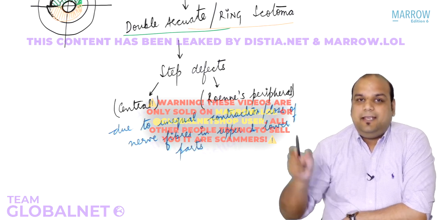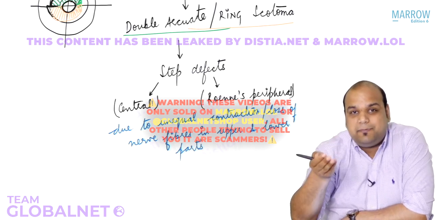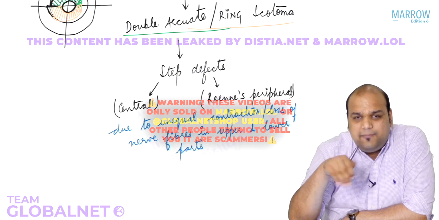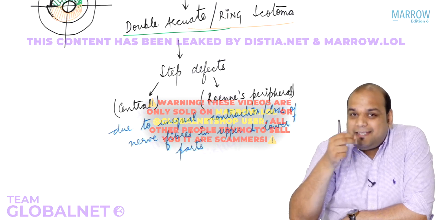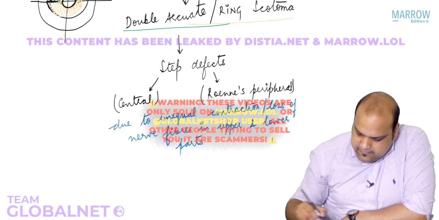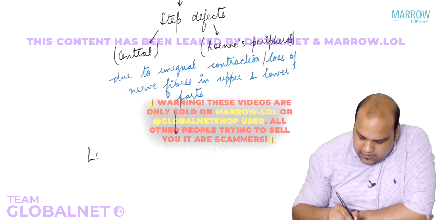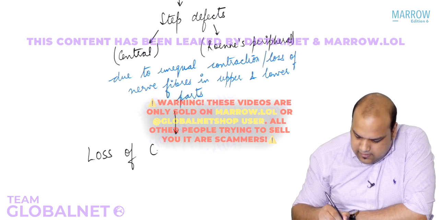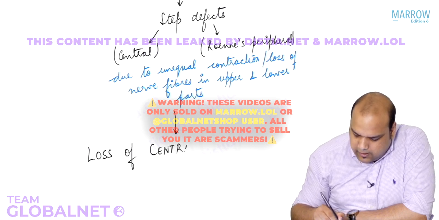Yes or no? The upper part nerve fibers are being lost at a slower pace in this example than the inferior nerve fibers. And that is why a step is being formed. Done, everybody? After step defects, gets lost the visual field which we were so dearly trying to preserve.